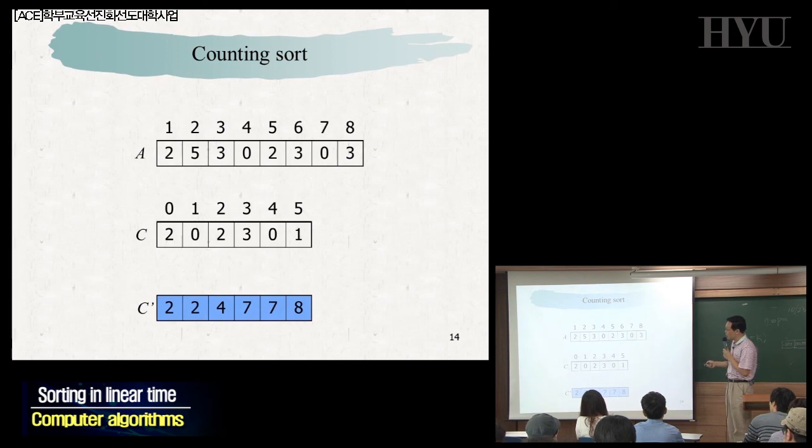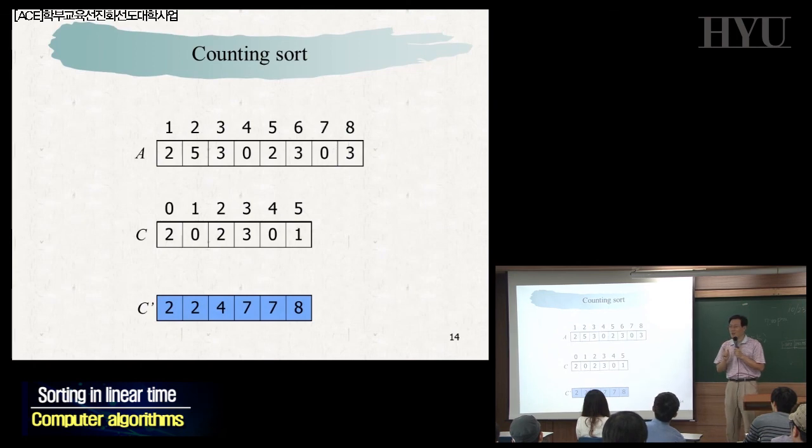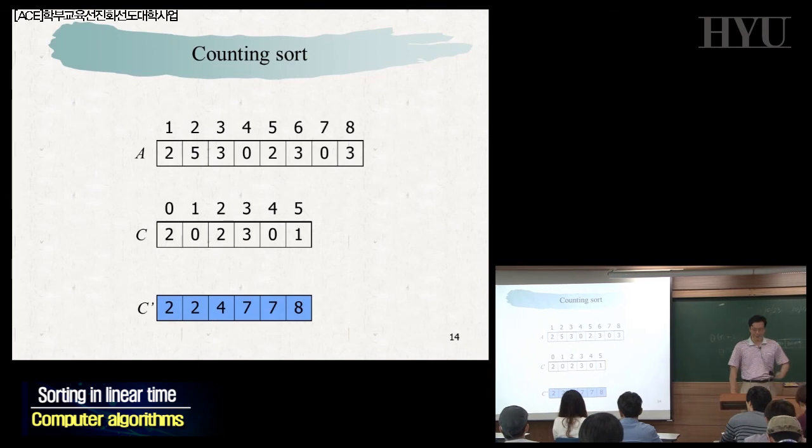The algorithm is the same up to calculating the count array. So this count array stores the number of occurrences of each element. And then we create a C prime array like this. So for a minute, try to understand the meaning of the C prime array.